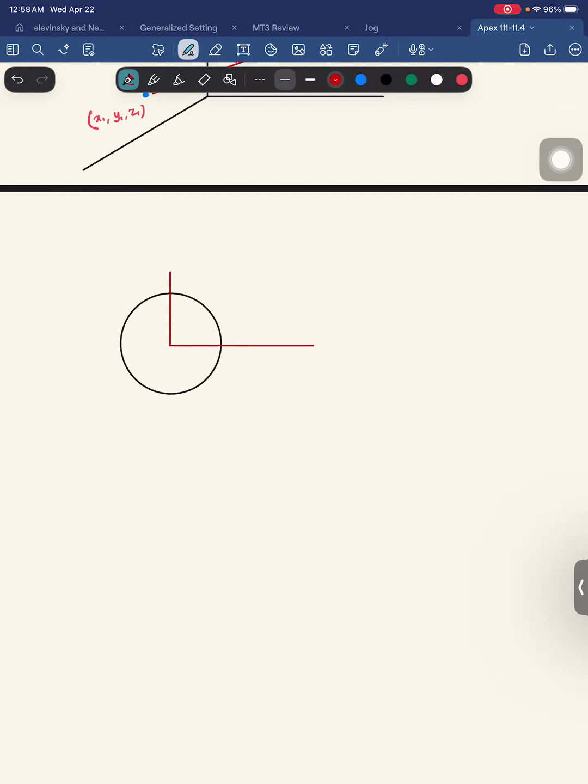So we have drawn a sphere whose center is at the origin. These are as usual the x, y, and z axes, and the radius is 1. So this is called the unit sphere.